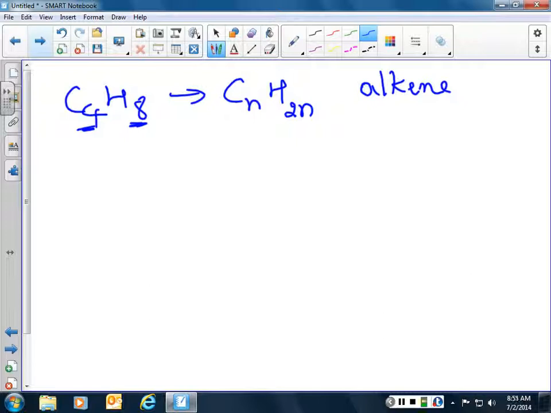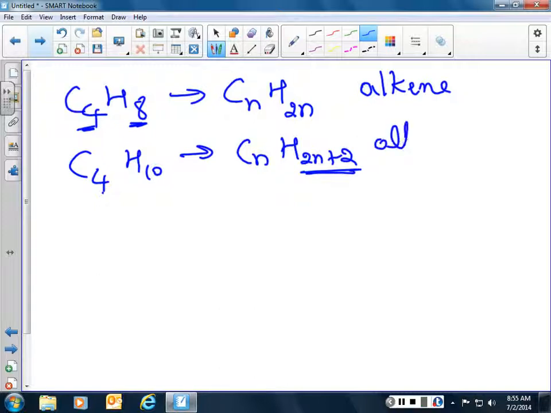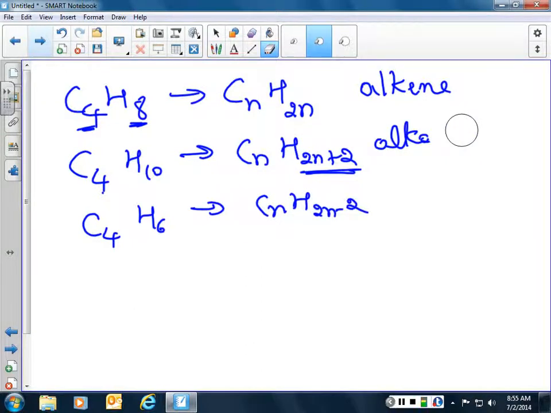So if it is an alkane, carbon is N, hydrogen will be double plus 2. And alkyne will be, oh sorry, this says alkane.